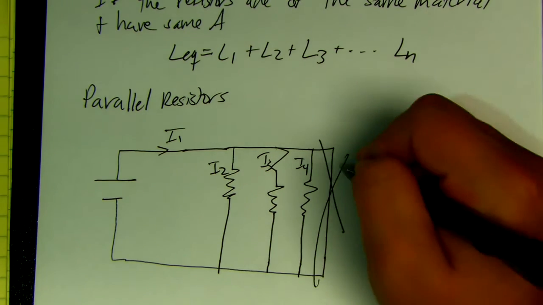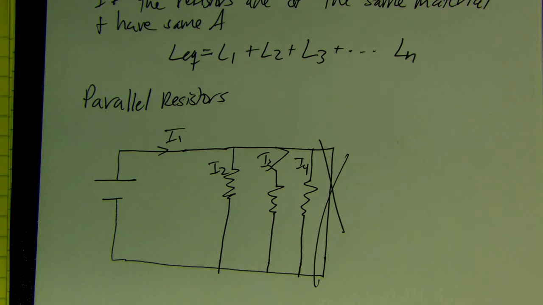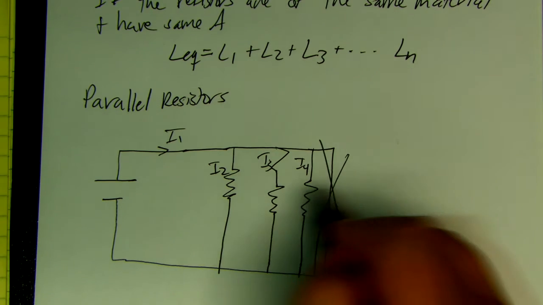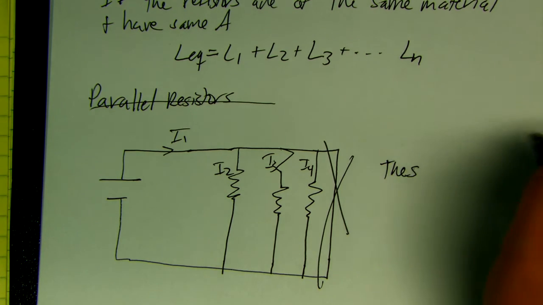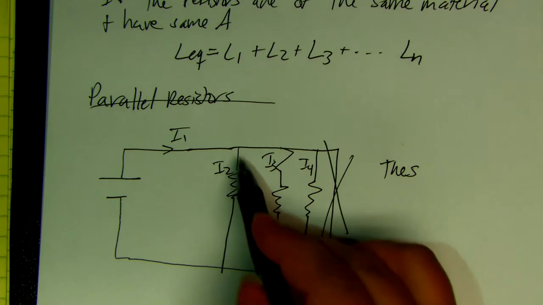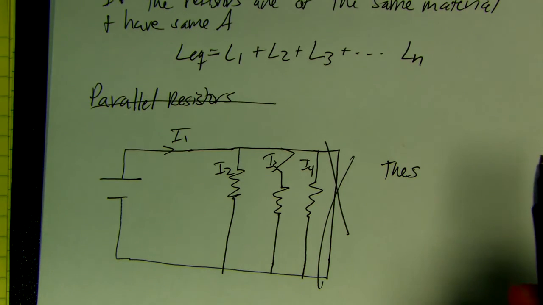I'm going to go ahead and cross out that one there on the end. And you can see that these resistors are in parallel. So they're not all going to get the same amount of current because the current's going to split into the different branches.